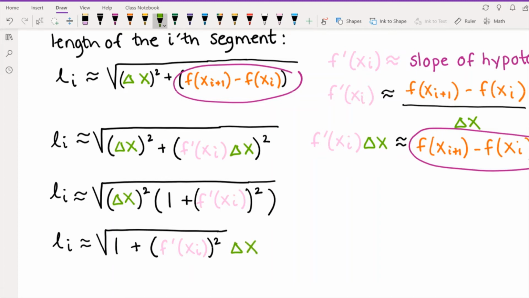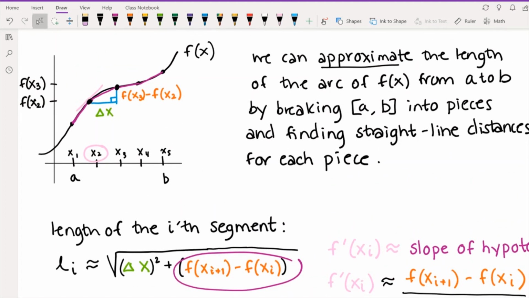Okay, so we're now done writing down in the most simple form possible our approximation for one of these little segments. So how would we find the overall length of this arc? We would add them all up, right?